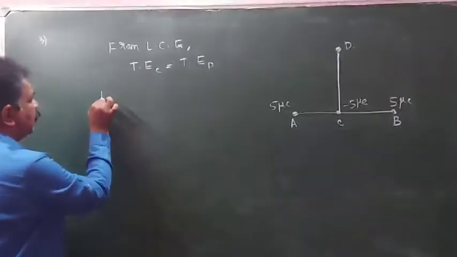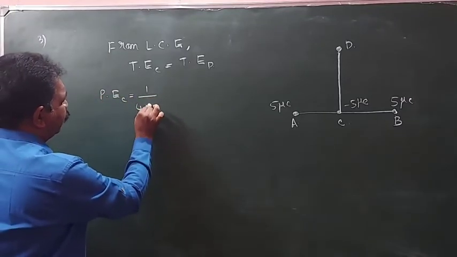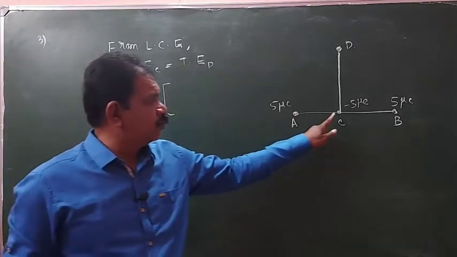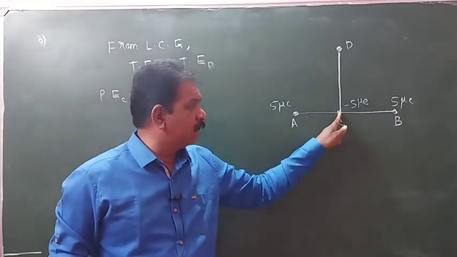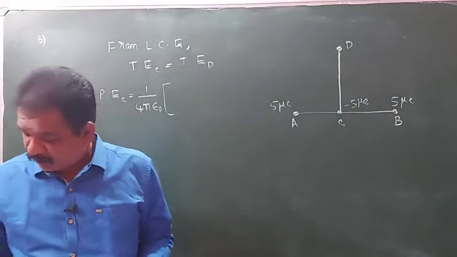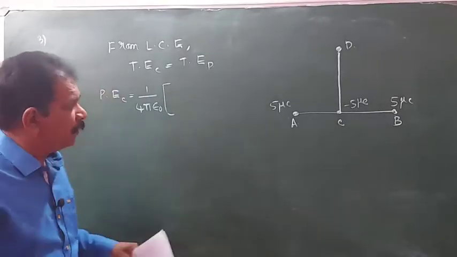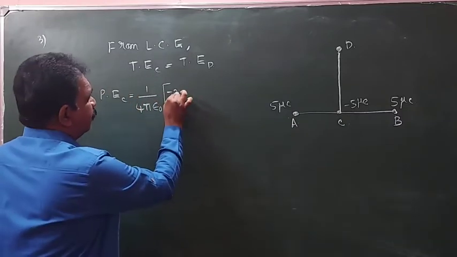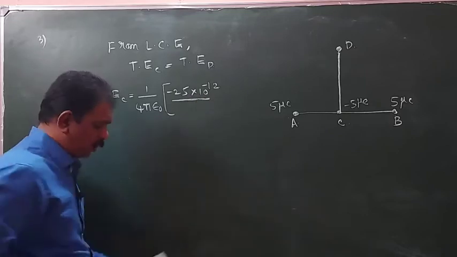So potential energy at C we will calculate using 1 by 4 pi epsilon naught. Between each pair of these charges, potential energy will be there. If we calculate that value, 1 by 4 pi epsilon naught Q1 Q2 by R: minus 25 into 10 power minus 12.